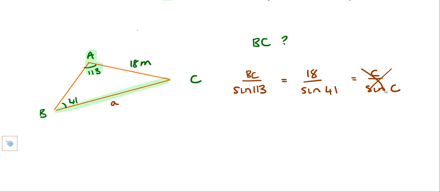I'm only going to use this bit. Will it change your answer if you get rid of one? No, not at all. But you can use the other one to check.